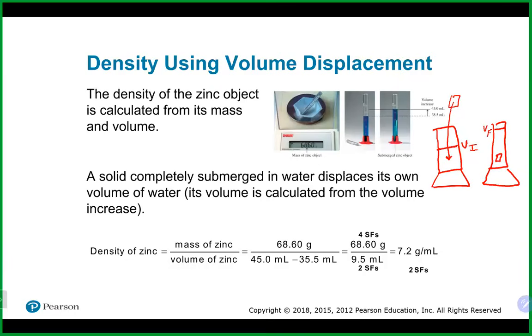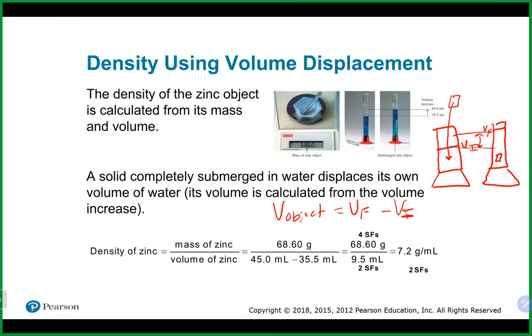So when you put a solid into something like water, it will displace a volume that's equal to its own volume. So to find the volume of the object that you put in there, it's really the difference between those two volumes. You can find the volume of the object by taking the final volume minus the initial volume, and that is a very common way that we can find the volume of a solid object super easy. Just put some water in, drop it in, and take a reading.